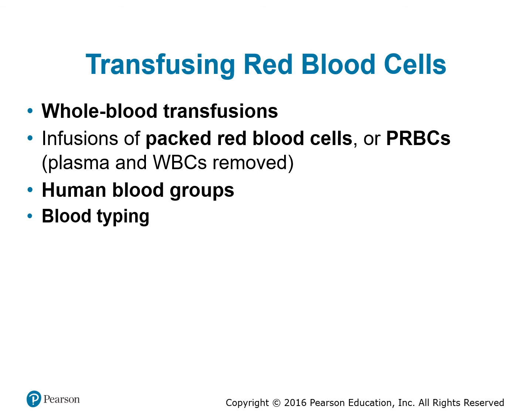Usually what's used are infusions of packed red blood cells, or PRBCs, and these infusions contain red blood cells, but the plasma and the white blood cells are removed. And they're preferred to restore the oxygen carrying capacity systemically throughout the body.